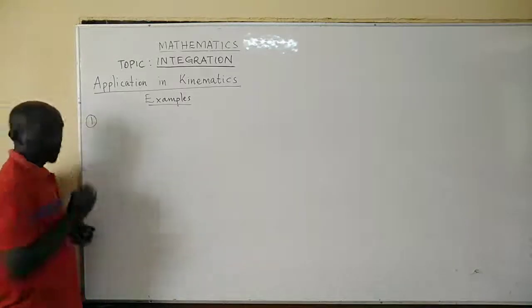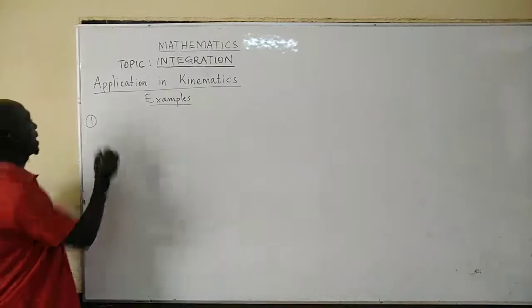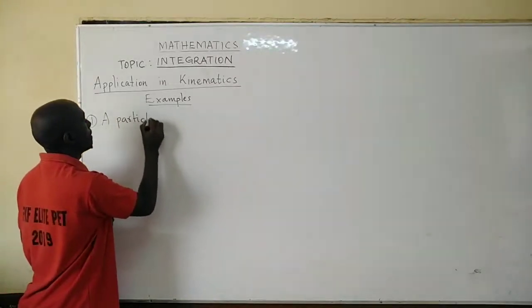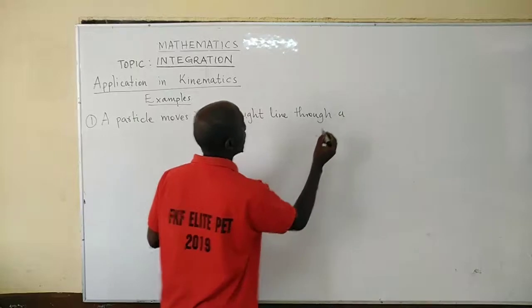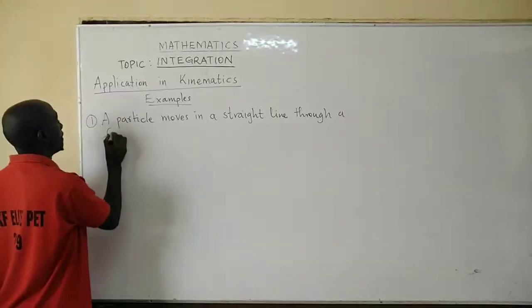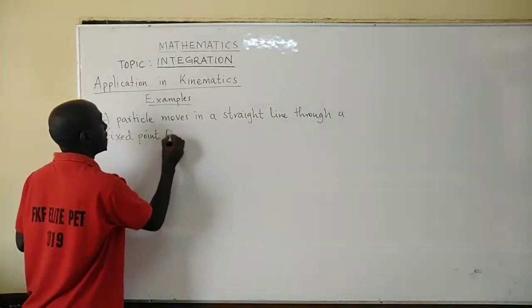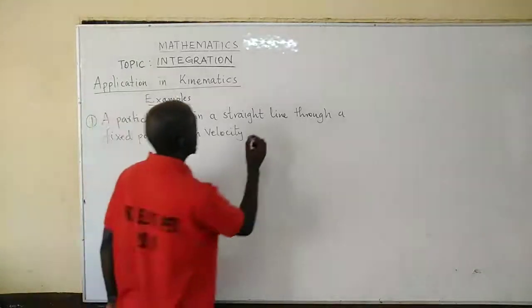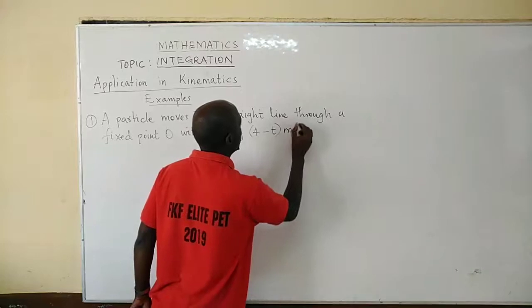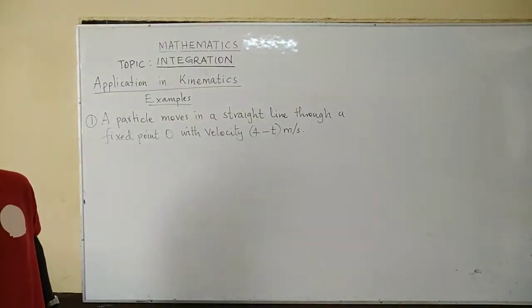Example number one: a particle moves in a straight line through a fixed point O with velocity 4 minus t meters per second.